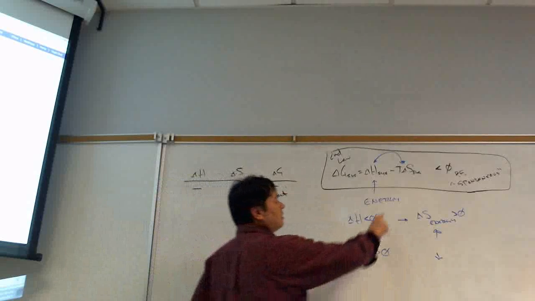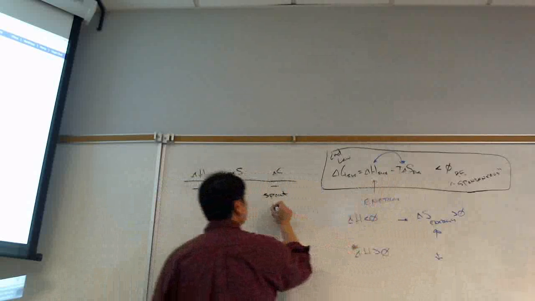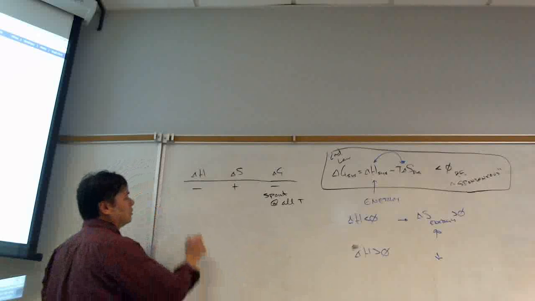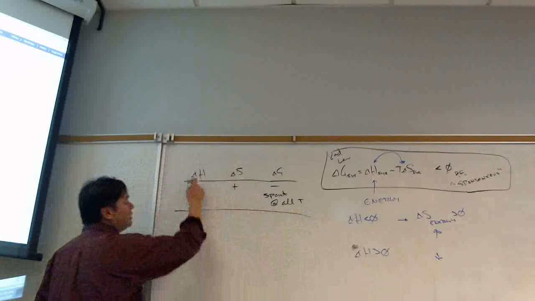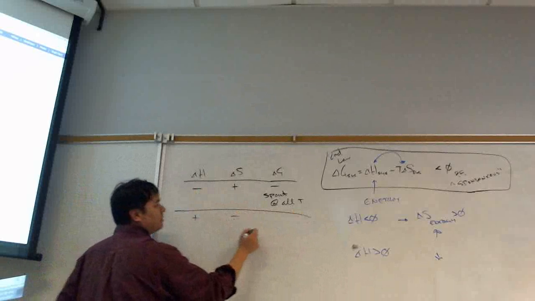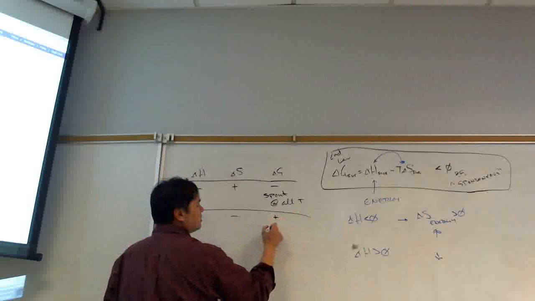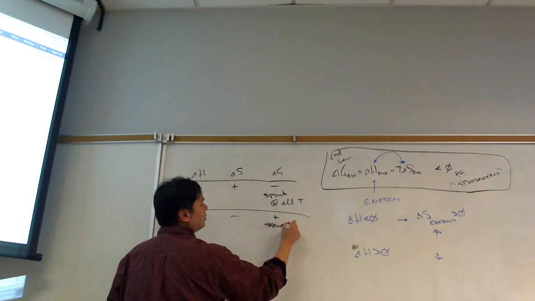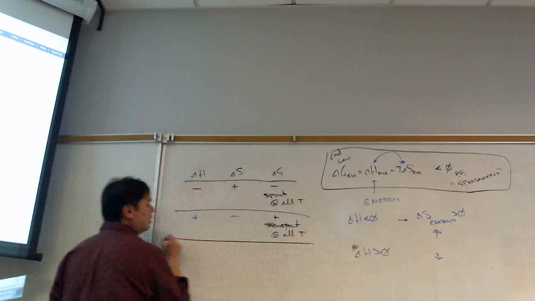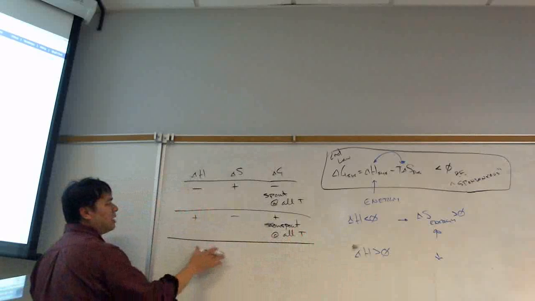But temperature can influence things, so we're going to say spontaneous at all temperatures. If delta H is positive, that's unfavorable, and if delta S is negative, that's unfavorable. And so this is going to be positive, and so it's going to be non-spontaneous at all temperatures.